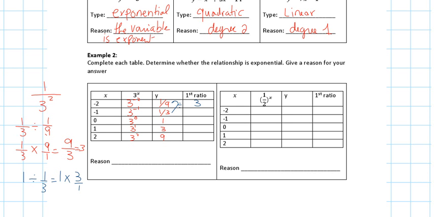So that's going to be 3. Okay, determine whether the relationship is exponential. Yes. And the reason is because the ratio is constant.